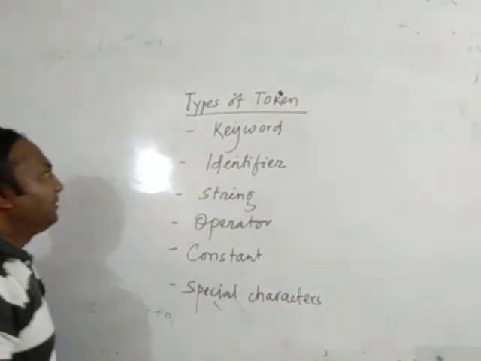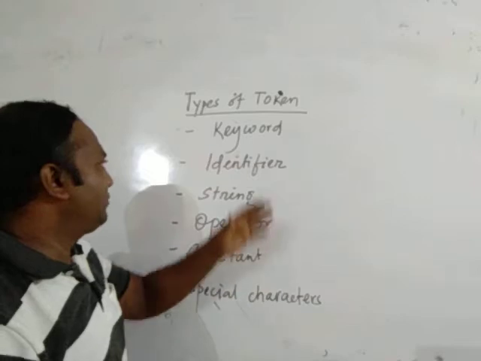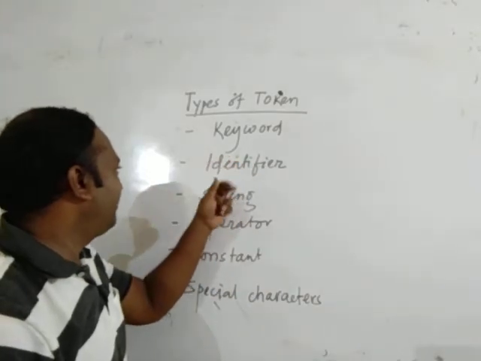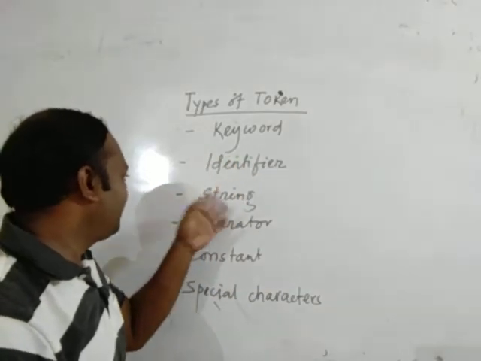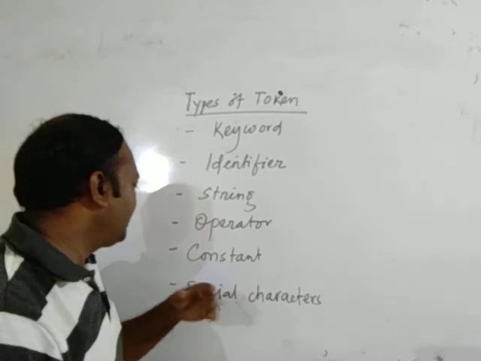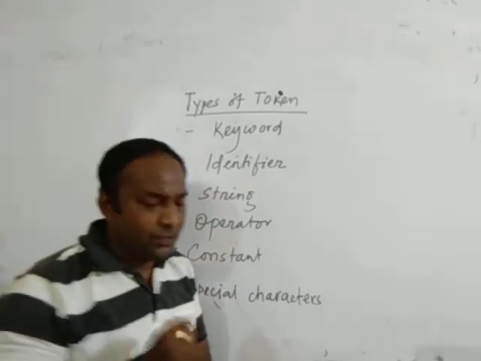We will discuss one by one. So a C token can be a keyword, it can be an identifier, it can be a string, it can be an operator, it can be a constant, it can be a special character. We will discuss one by one.